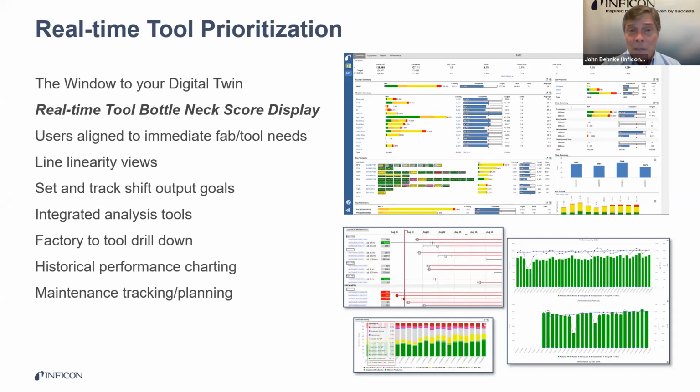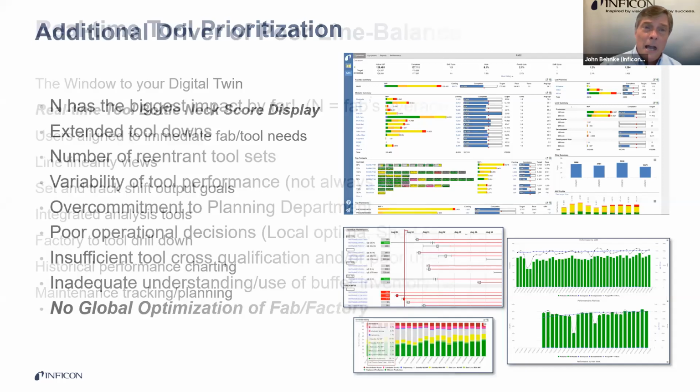If it's 100%, it's exactly what the scheduler needs from those tool sets. If it's 50%, that means we're going to miss 50% of the goal for the day. We better get some maintenance staff on that tool. So real-time tool visualization and prioritization have become more and more critical. Candidly, it's more critical with COVID because more of the engineers are working from home, and so having the right visualization tools and dashboards is mission critical for maintaining a linear line.